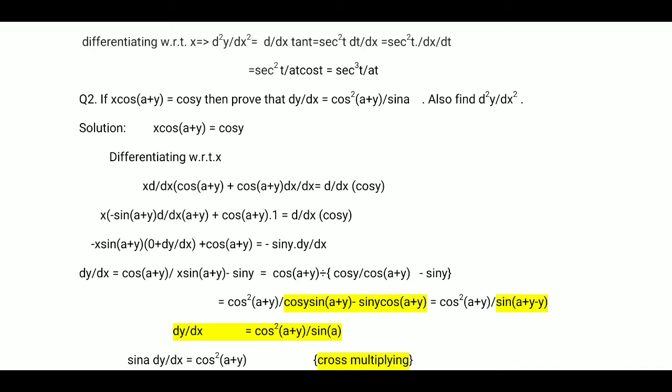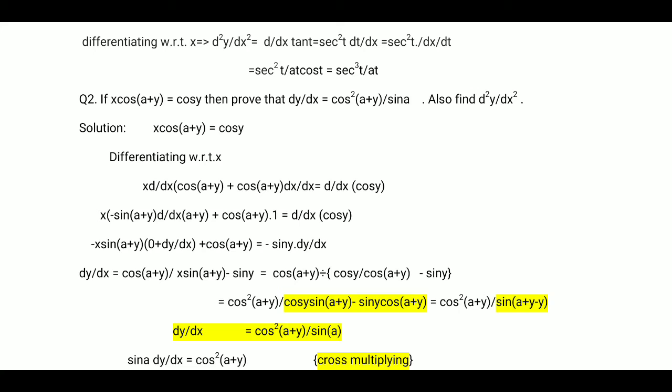Differentiating with respect to x, on the left hand side there are two functions, x and cos(a plus y), so the product rule is applicable. x d upon dx of cos(a plus y) plus cos(a plus y) d upon dx of x is equal to d upon dx of cos y. So it becomes x into minus sin(a plus y), applying the chain rule with d upon dx of (a plus y), plus cos(a plus y) into d upon dx of x, which is 1, is equal to d upon dx of cos y.